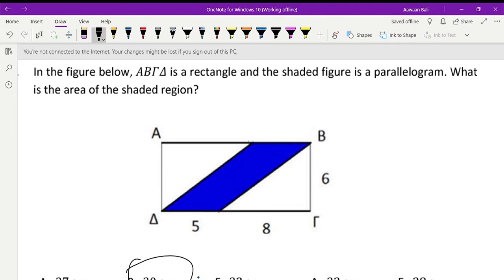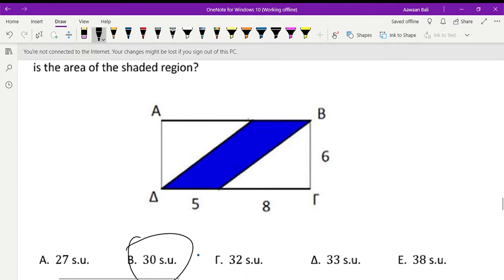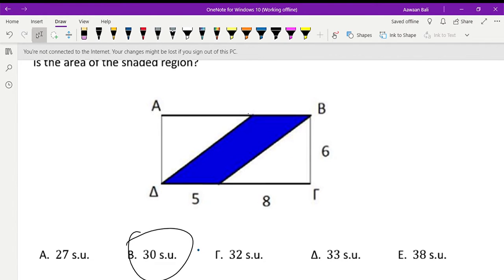Easy, right? But now for the other way, we have to find the area of this and this. Now, 8 times 6 is 48, and half of 48 is 24, so 24 square units. And here it will be the same dimension, so 24 square units again.